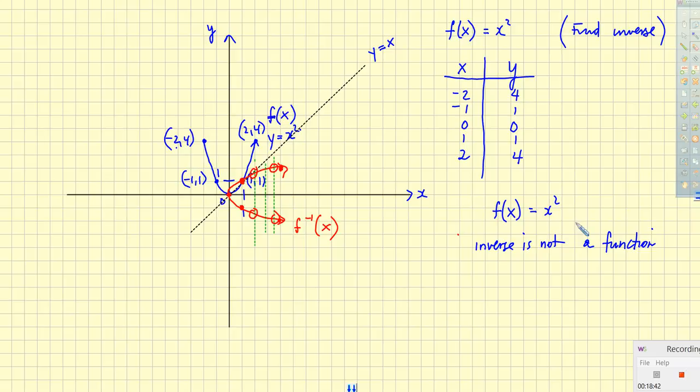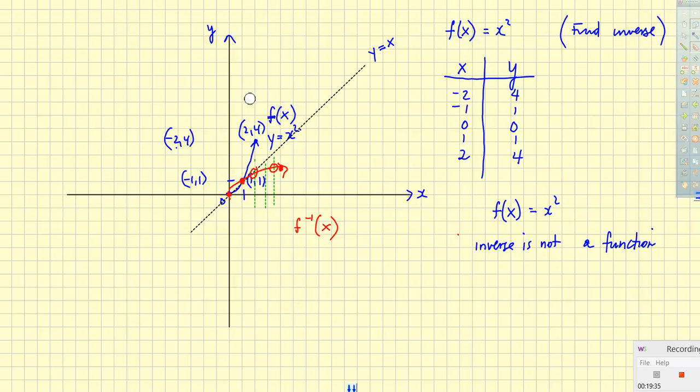Taking a look at it, one way is by removing the bottom part of this graph. The bottom part, as you can see, I've just taken out, corresponds to which part of the original f of x graph? Well, it seems to correspond to this blue part here that I'm erasing.